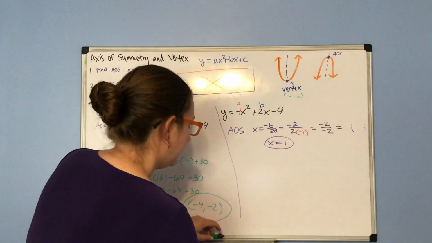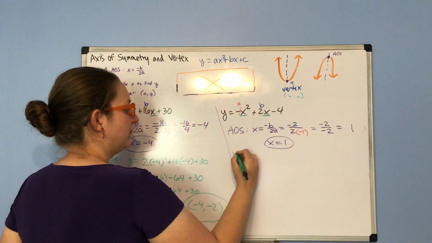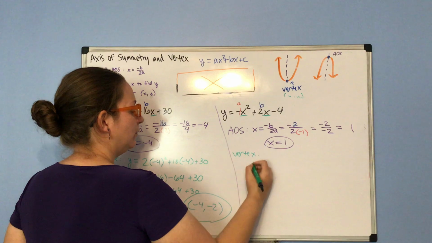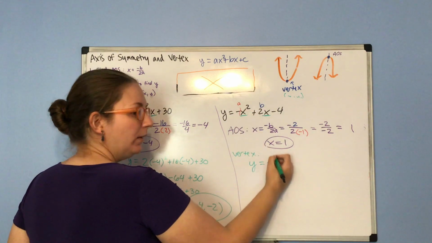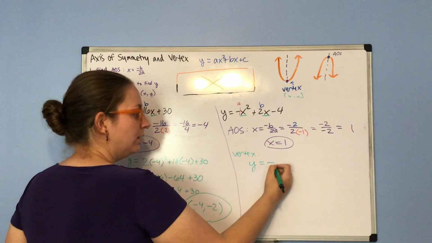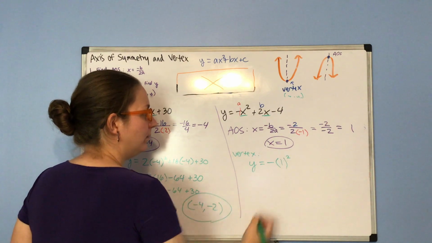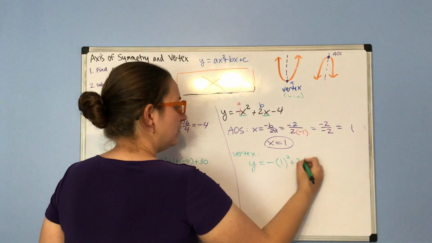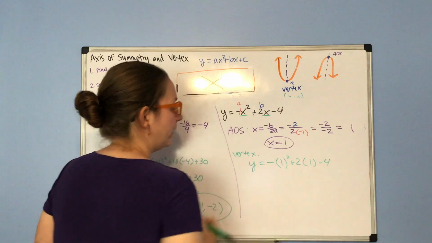To find my vertex, positive 1 is going to go in for both x's. I have negative, if you want to write the 1 here, cool, go for it. But importantly, parentheses around 1 squared plus 2 parentheses 1, because we're plugging that x in, minus 4.